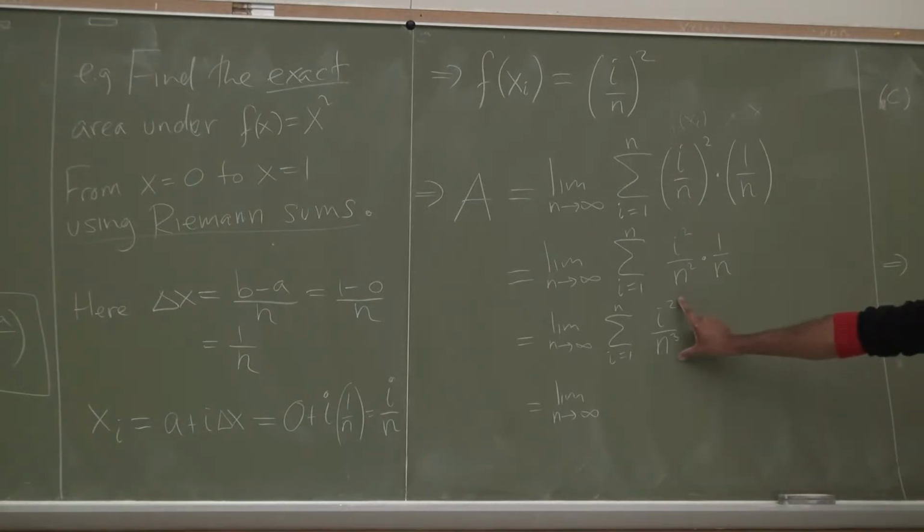In this expression, what's our variable? i is the variable, right? Remember we did this, the sum, the index tells you the variable. Which means n, as far as this summation is concerned, is a constant. I can just factor it out.